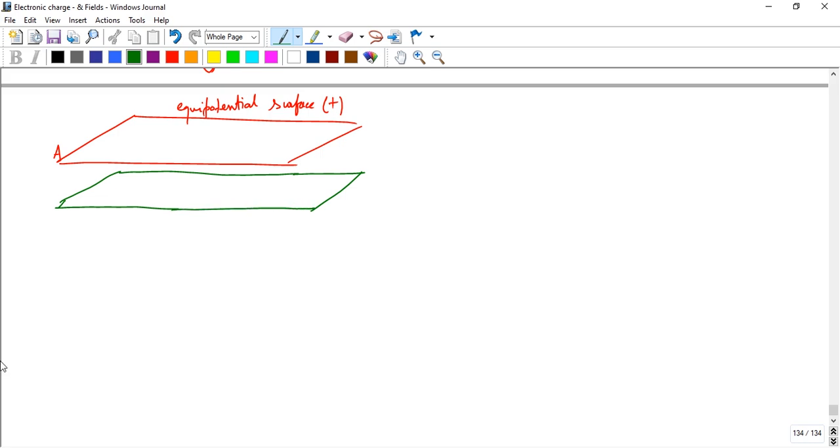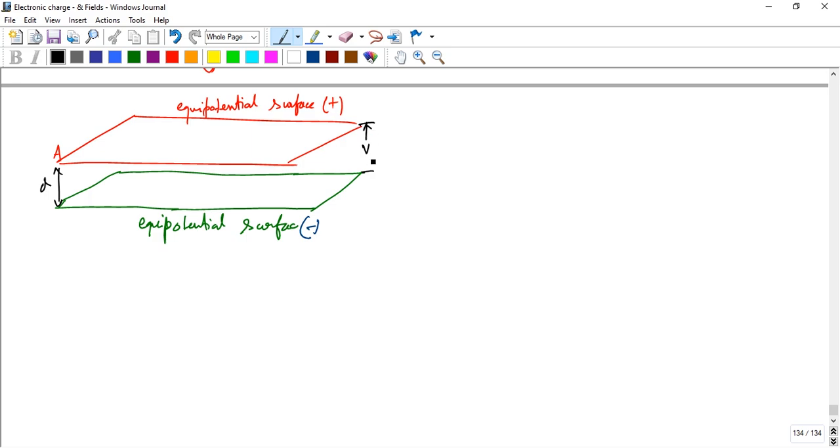This is also an equipotential surface, and this surface has negative charge. So the gap between the two surfaces is D, and the potential difference between the two surfaces is called V.